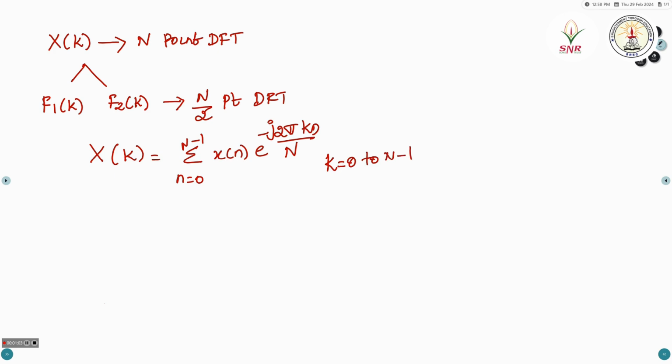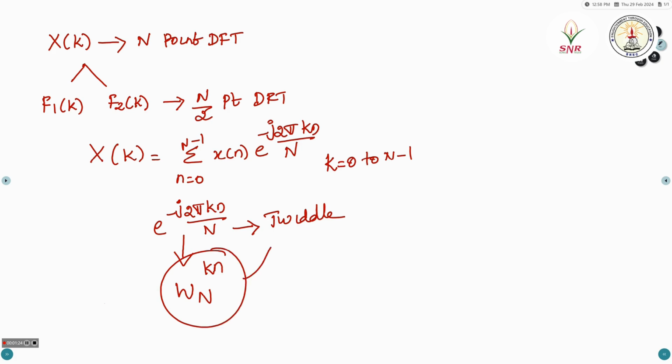So here, by considering e^(-j2πkn/N) as the twiddle factor, it can be changed as W_N^(kn). This is called the twiddle factor, which is used to represent e^(-j2π/N).